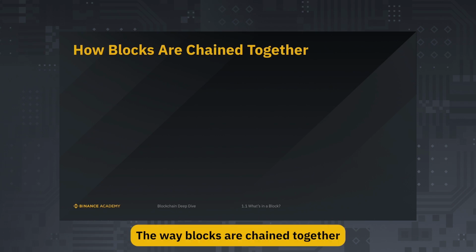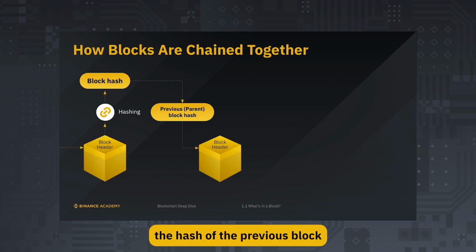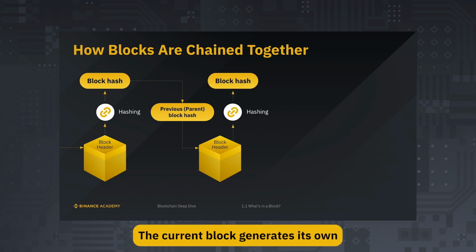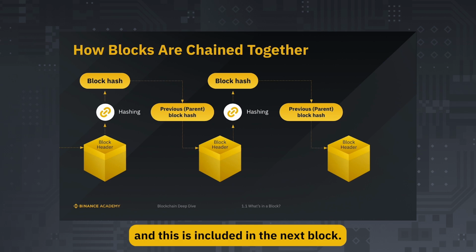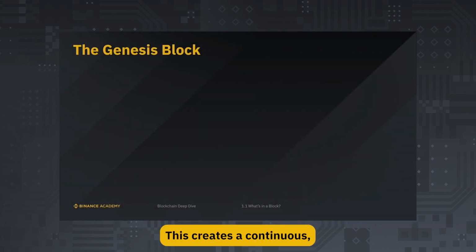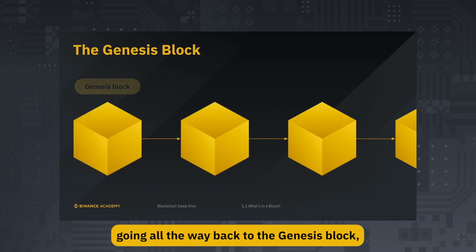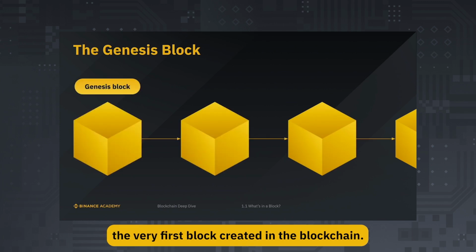The way blocks are chained together is that each block contains the hash of the previous block, known as the parent block hash or previous block hash. The current block generates its own hash by applying a cryptographic hash function to its own block header, and this is included in the next block. This creates a continuous, linear, and immutable chain of blocks going all the way back to the Genesis block, the very first block created in the blockchain.